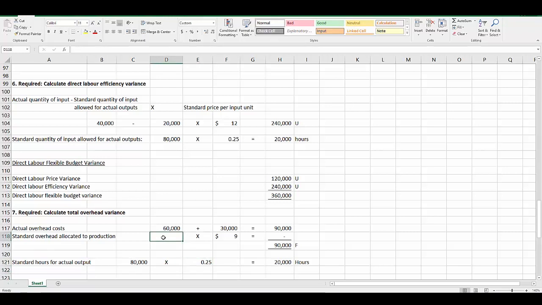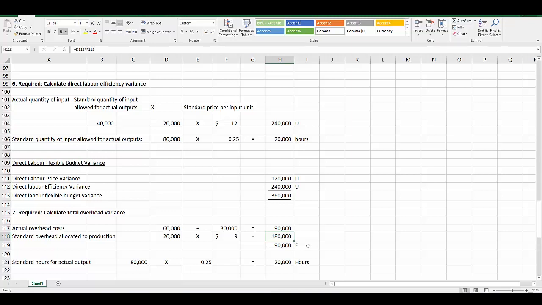And the total overhead amount, remember we calculated $4 and $5 for fixed and variable for a total of 9. So you should have spent 20,000 hours making your 80,000 units, and the cost would have been 180,000. So now finally we have some good news. Our actual overhead came in at 90,000, and using our standard budgeted cost, we had been expecting 180,000. So you have a $90,000 favorable variance.